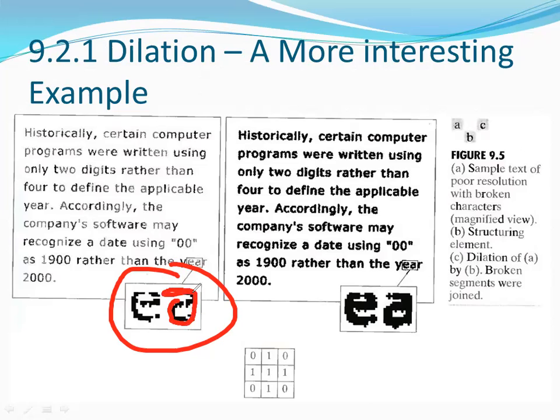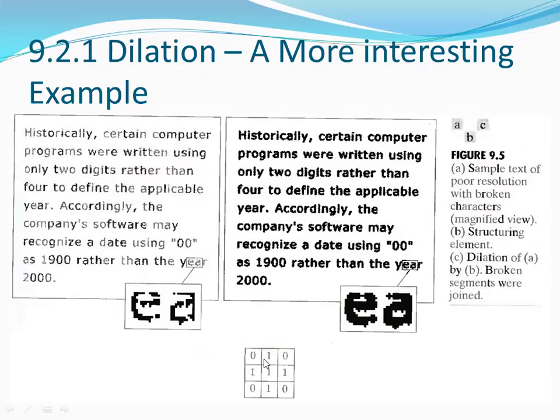How are you going to do it? It's all about picking a proper structuring element. Once you process it, the entire text is now looking good. You want thicker fonts, maybe. You want rounder edges, you go for this triangle.